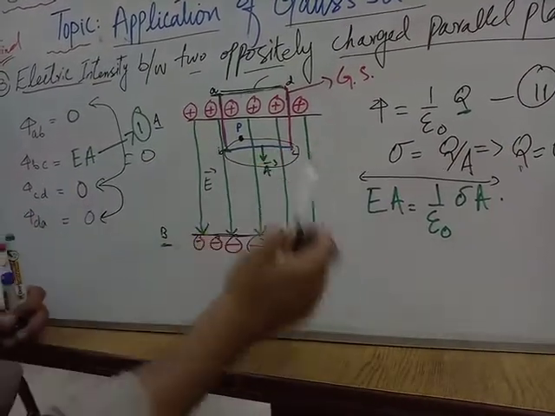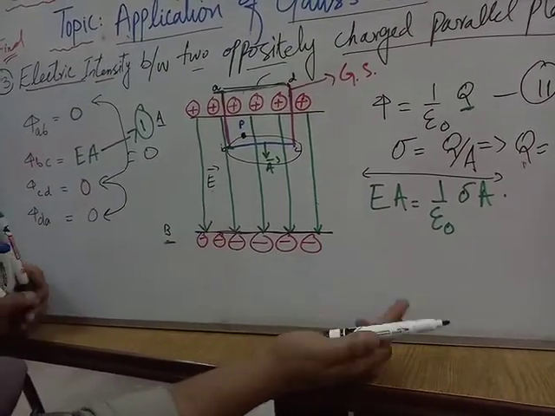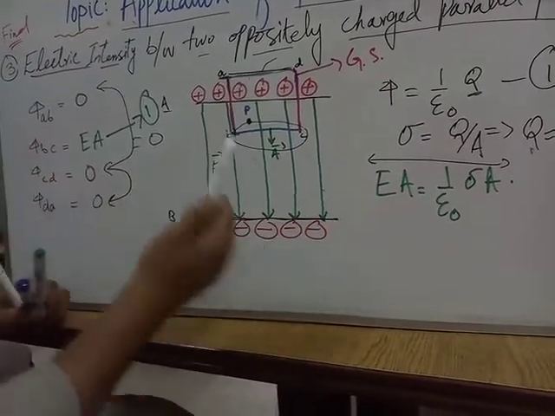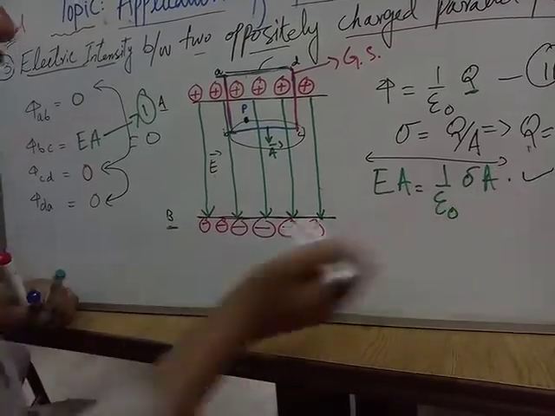This is flux and this is also flux. Or you can put the value of flux from equation 2 in equation 1. Both are right. So this is the general formula.